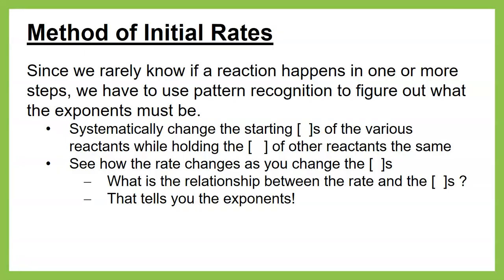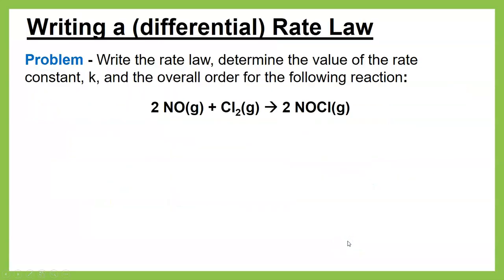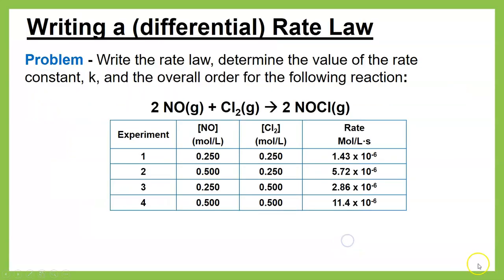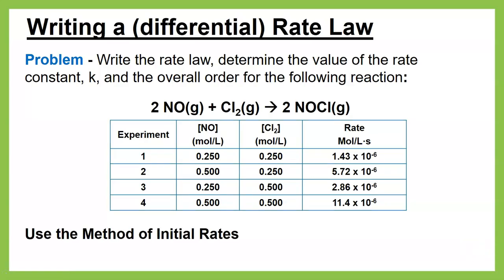This is what we practiced a lot in Honors Chem. Do you remember you'd have a chart like this? And we would have to use the method of initial rates to figure out what the orders were. I know that my rate law is going to be rate equals k times the concentration of this raised to some number times the concentration of this raised to some number.